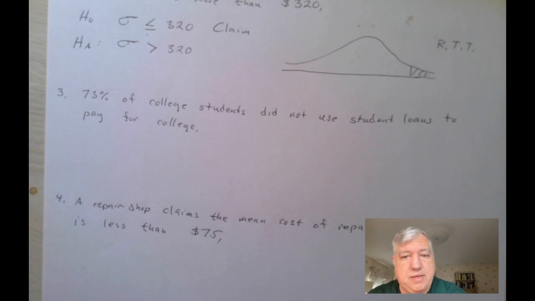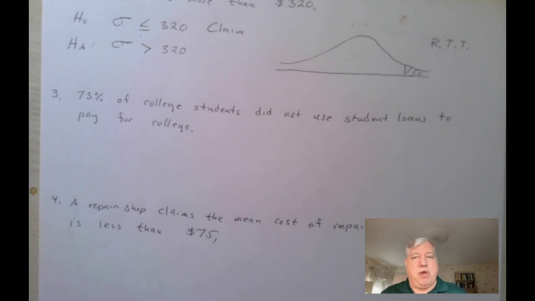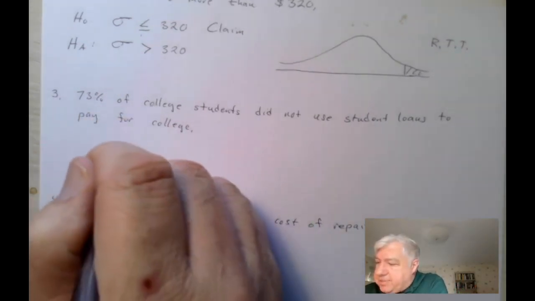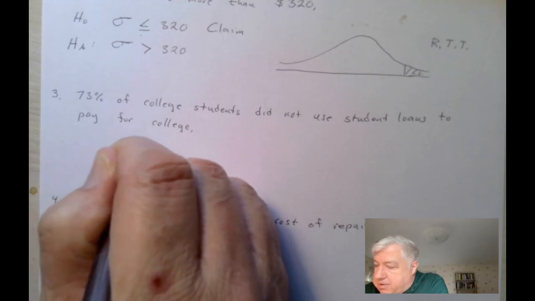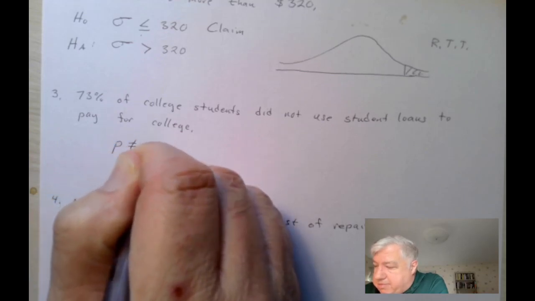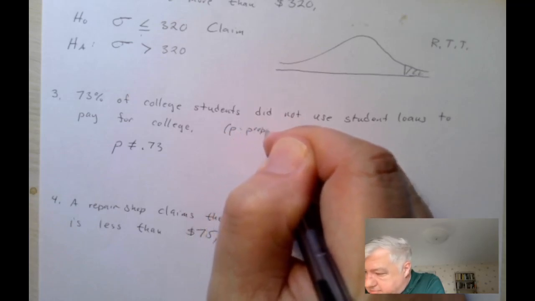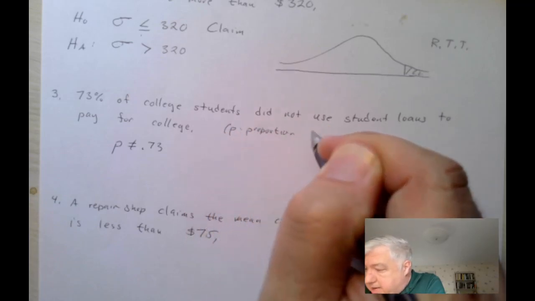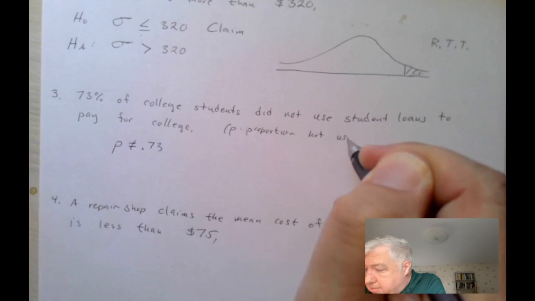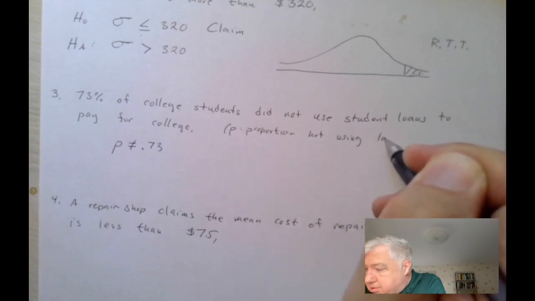We're not really saying that something is greater than or equal to or less than or equal to. So basically the claim says that P is equal to 0.73, where P in this case would be the proportion not using student loans.